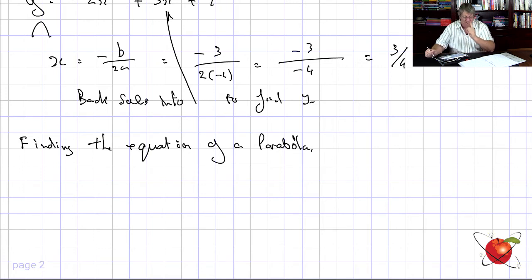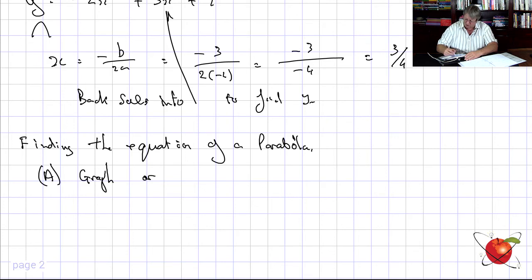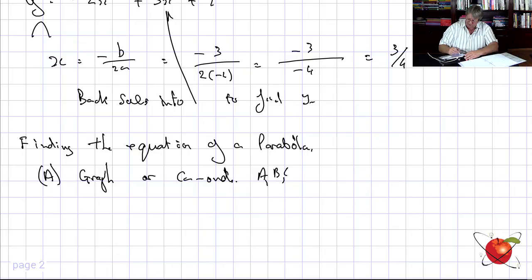They can either give us a graph or coords. They can give us A, B, C's coordinates, and they can tell us what they are or not, and they give us a graph to work from. What do we have to do? In all these cases, we look for a clue.